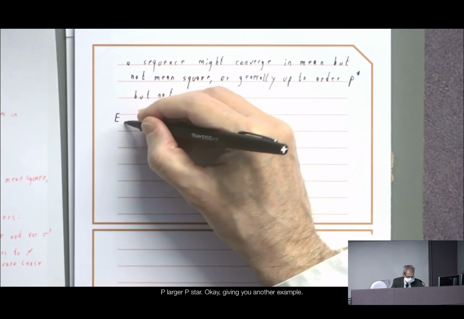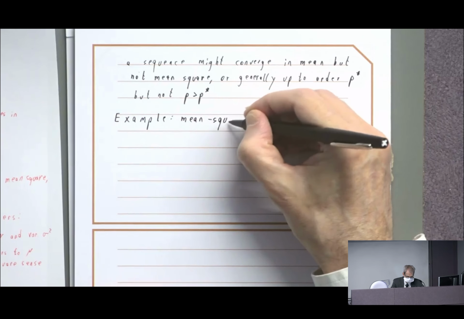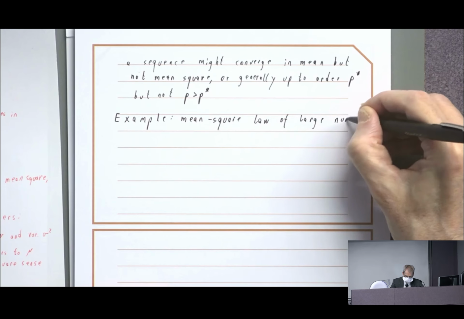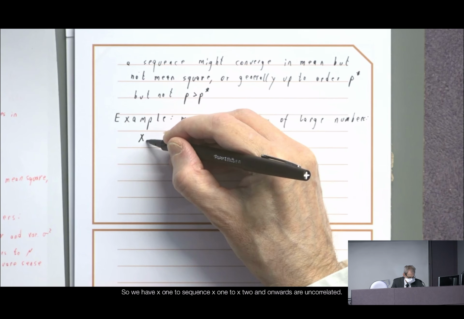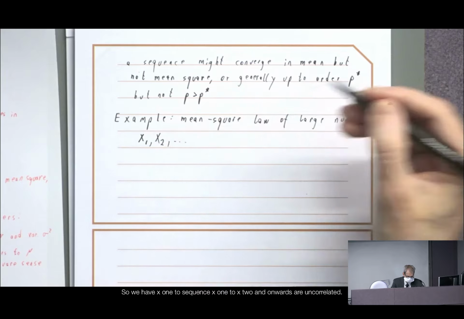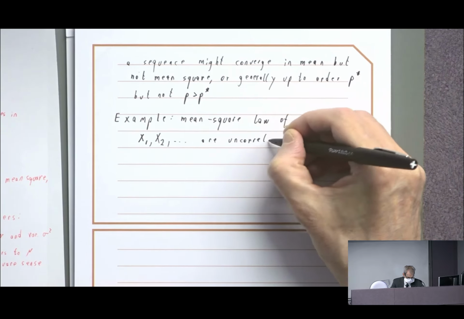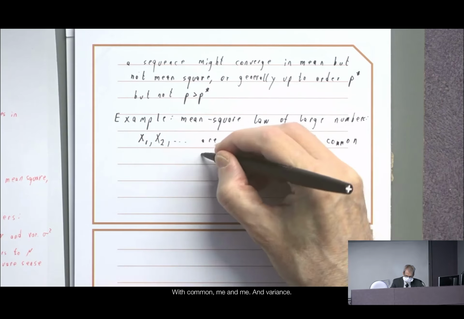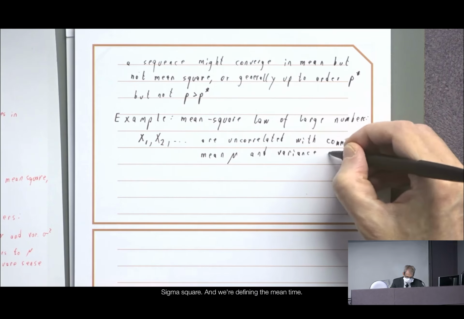Okay, giving you another example, which is actually called the mean square law of large numbers. So we have the sequence x1, x2 and onwards that are uncorrelated with common mean mu and variance sigma square.